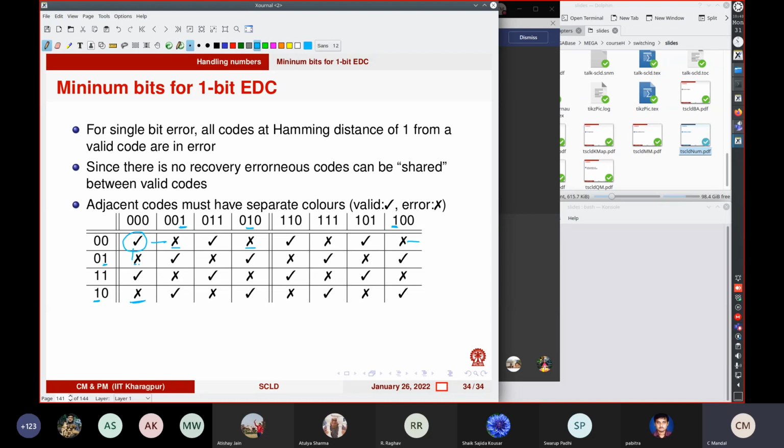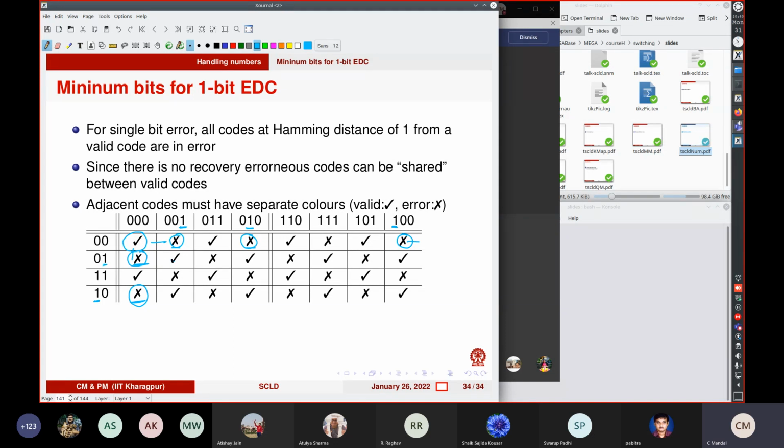Oh yeah, sorry. So these are the 5 codes which are adjacent to it. This one, this one, this one, this one, and this one. All right. So all these codes are unusable.